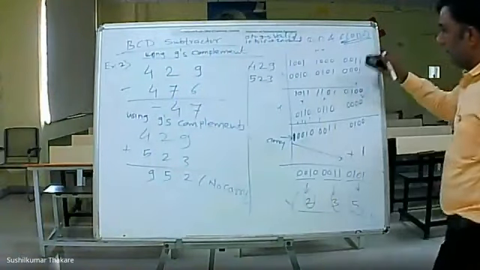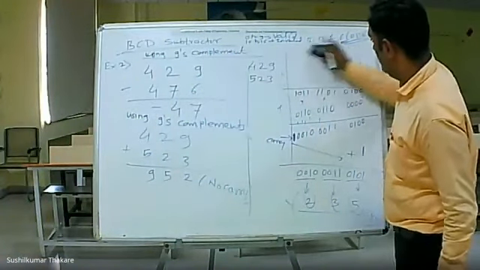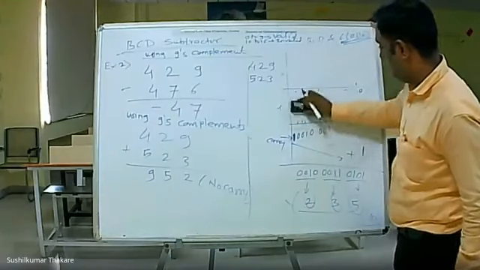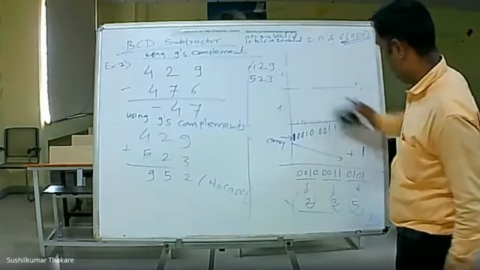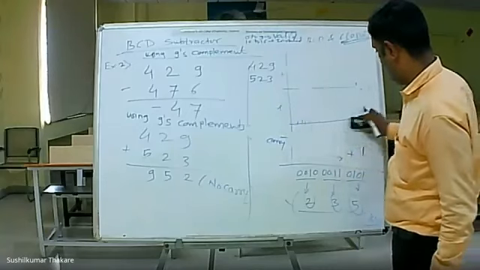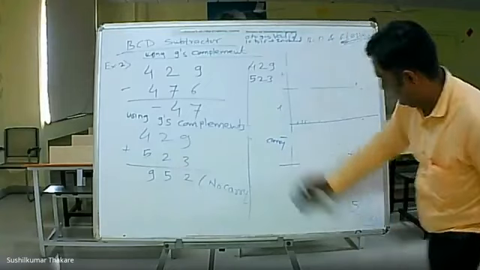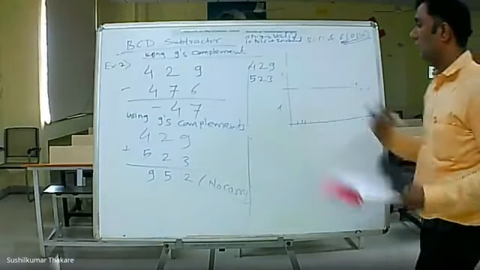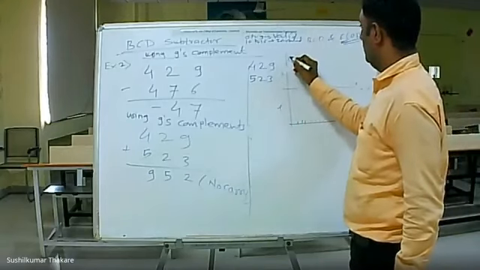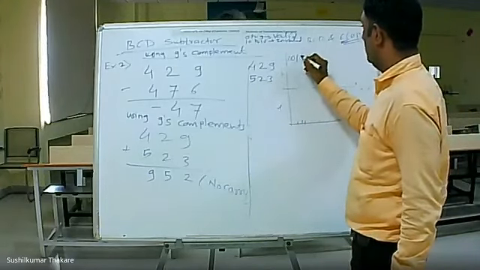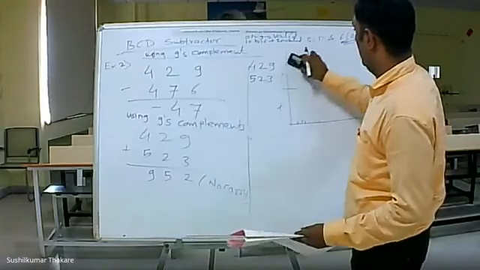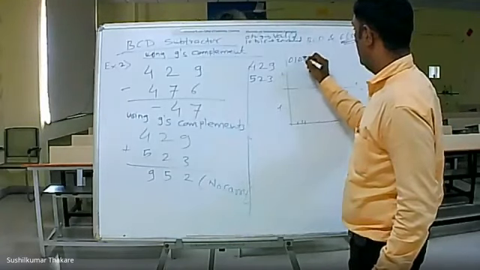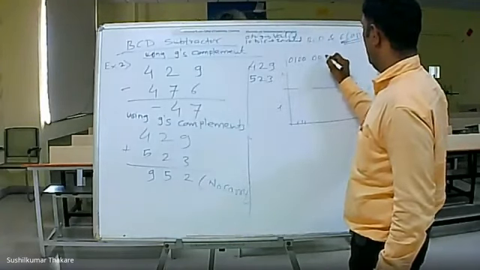What is 429? What is 4? 0, 1, 0, 0. What is 2? 0, 0, 1, 0.